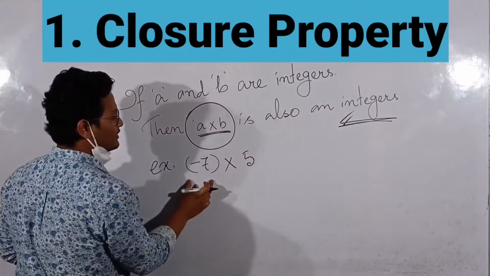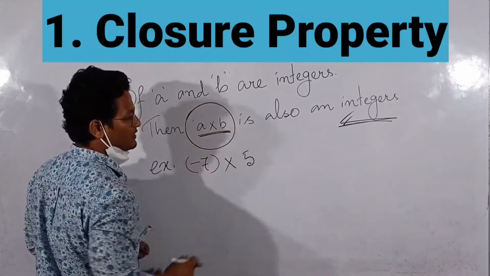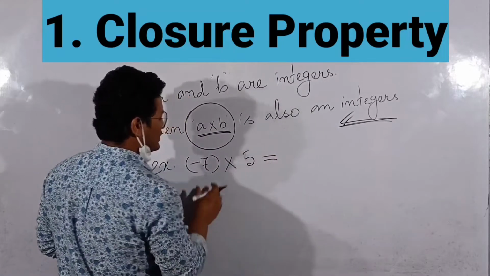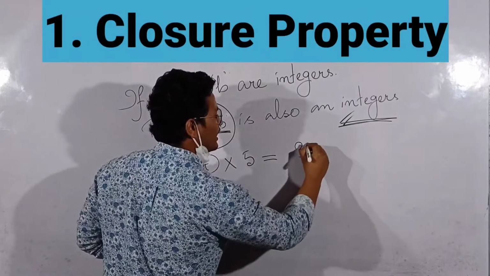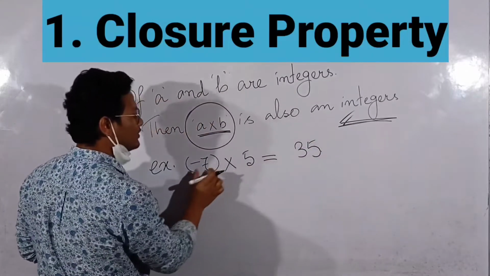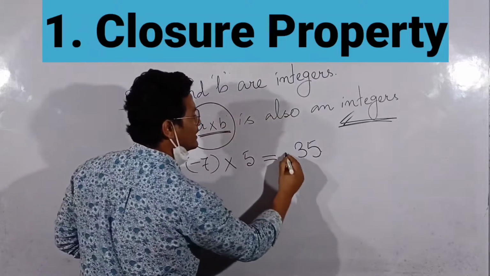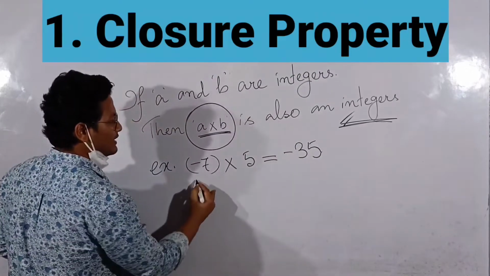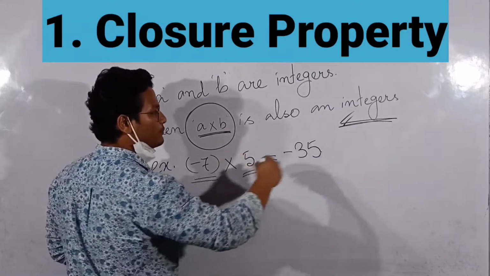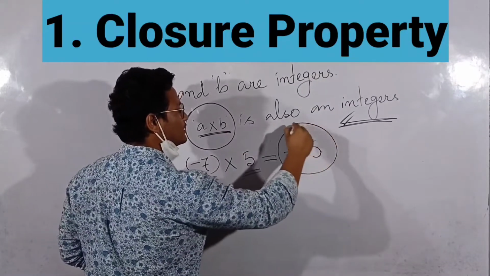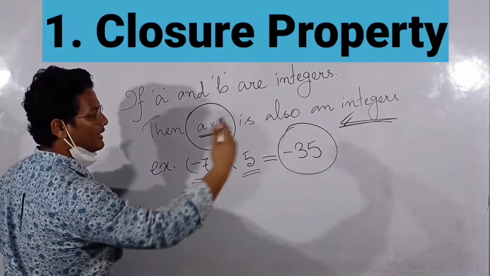We have one negative integer and one positive integer. What will be the product? The product of 7 and 5 is 35, and because here we are doing negative into positive, the sign will be negative. Now students, -7 is an integer, 5 is also an integer, and the product, -35, is also an integer.